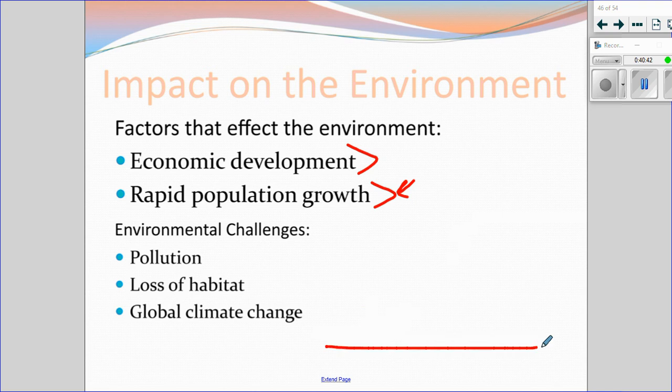Over time you get steep population growth, but as a society becomes more developed, family size becomes smaller. Part of that is that in more developed nations, you have more women's rights. So women are more likely to have fewer children. They're more likely to have children later in life. So family sizes tend to be smaller as both men and women are more career oriented.